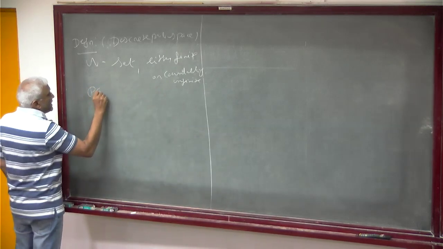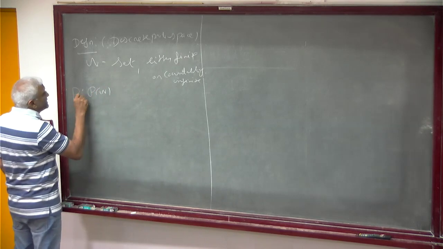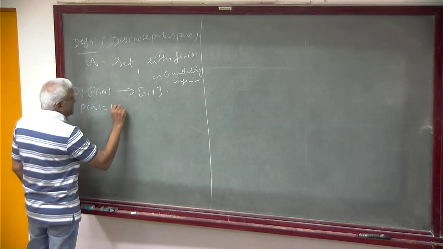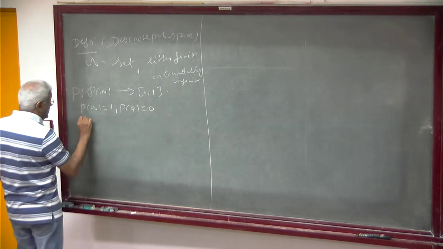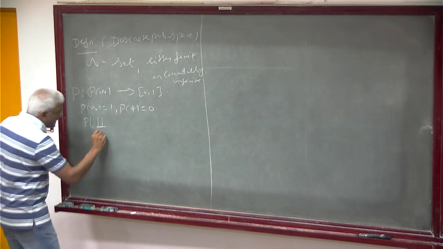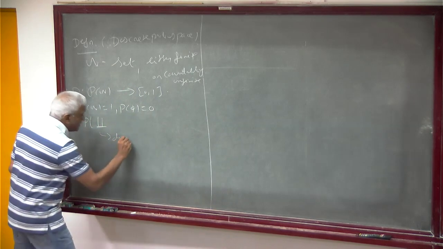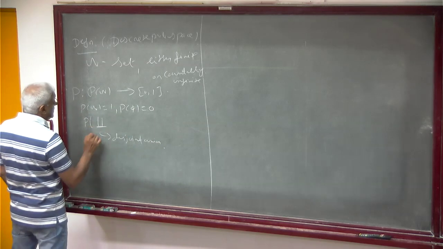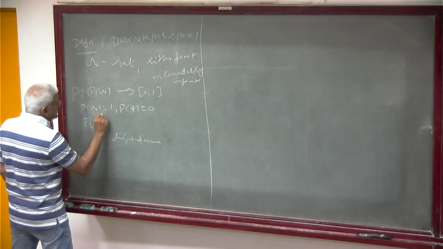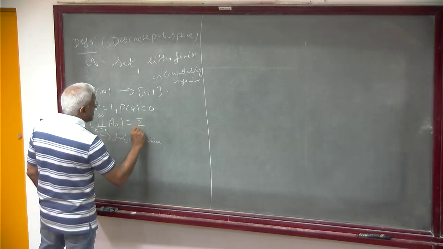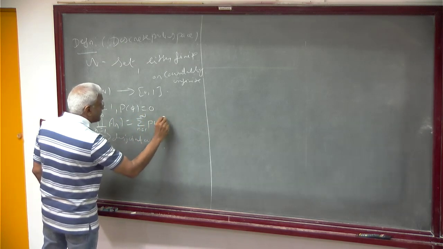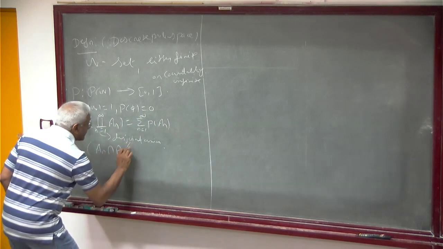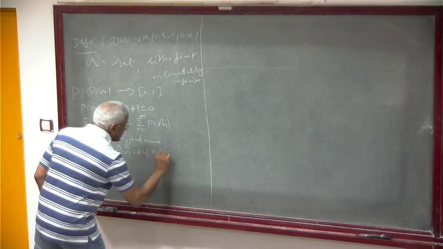Then we take the power set of omega, all subsets of omega. Then P is a function from here to [0,1] satisfying the properties: P of omega is 1, P of the empty set is 0, and P of the disjoint union of A_n, n equal to 1 to infinity, equals the summation n equal to 1 to infinity of P of A_n. This notation is what I use for disjoint union. It means A_n intersection A_m is empty if n is not equal to m.